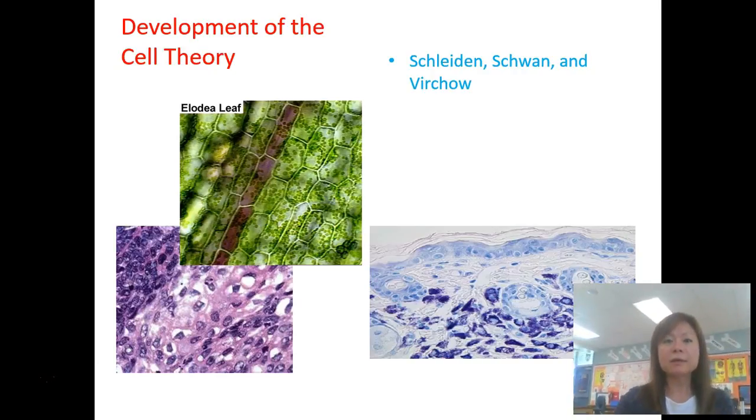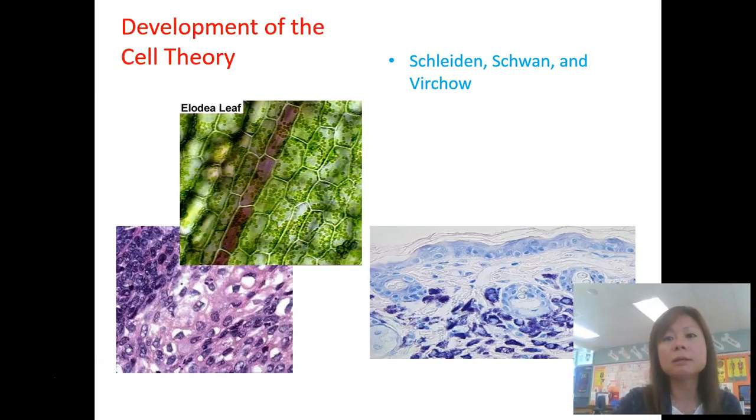After the discovery of microscopes, many other scientists became very interested and wanted to look at things under the microscope. They started coming up with a cell theory, especially three main scientists: Schleiden, Schwann, and Virchow. Schleiden said that after much research, all plants are made of cells.